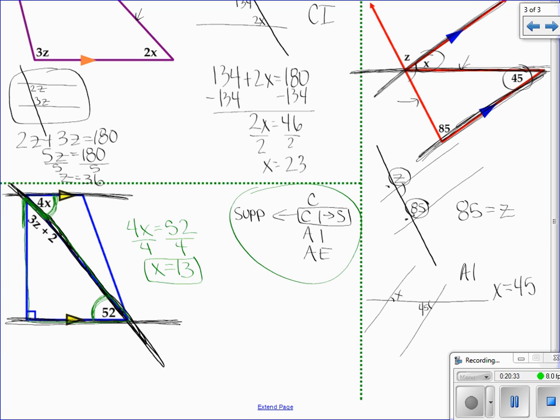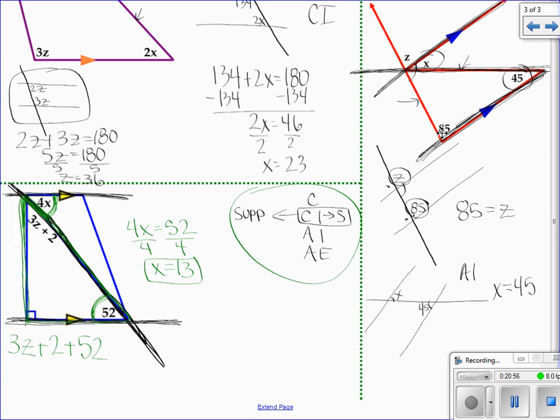Okay, so we could have these three angles added up. They would equal 180. So we've got 3z plus 2 plus 52. What do you think a lot of kids forget to do? Plus 90. That's very commonly forgotten. Okay, there's a 90-degree angle there.